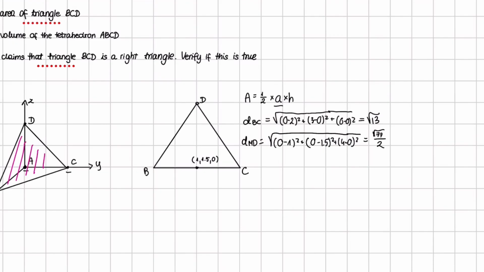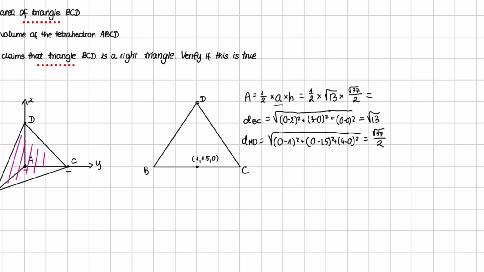So these are our distances, and now we can substitute them into our area of triangle formula. So 1 over 2 times a, so times our distance BC, times square root of 13, and times square root of 77 over 2, and this is equal to 7.91 units squared.